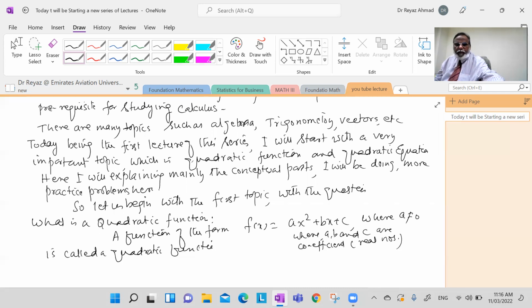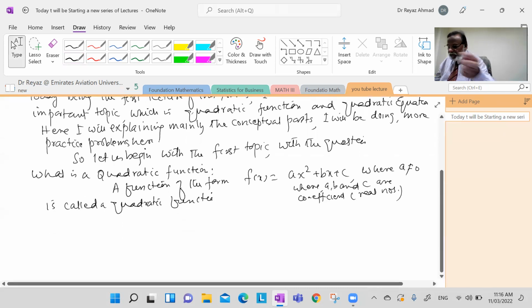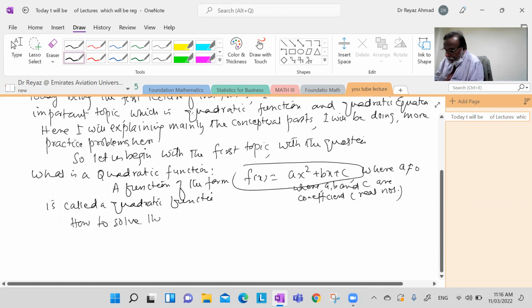We will first know how to solve the equation f(x) equal to 0, which means I want to solve this.